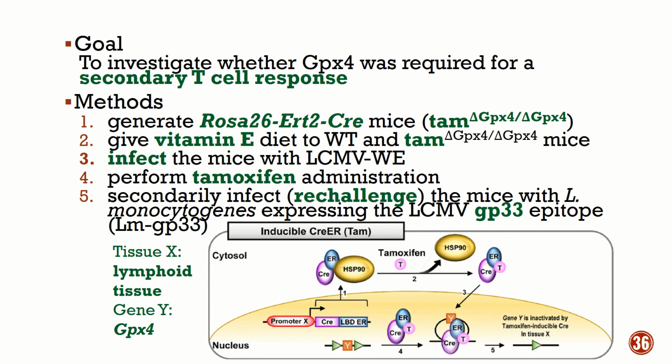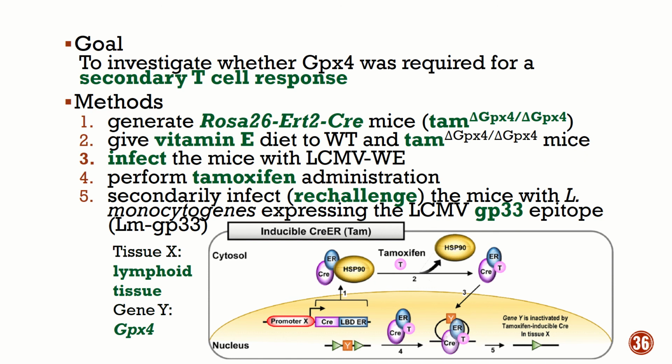To do this experiment, the mice will express both Cre recombinase and floxed GPX4, but this Cre recombinase will be bound to HSP90, so it will not enter the nucleus when tamoxifen is not administered. Only when tamoxifen is administered will HSP90 detach from the protein complex and make the Cre recombinase enter the nucleus to knock out GPX4.